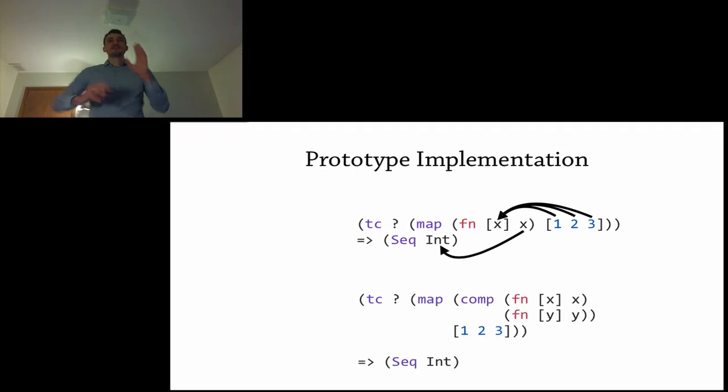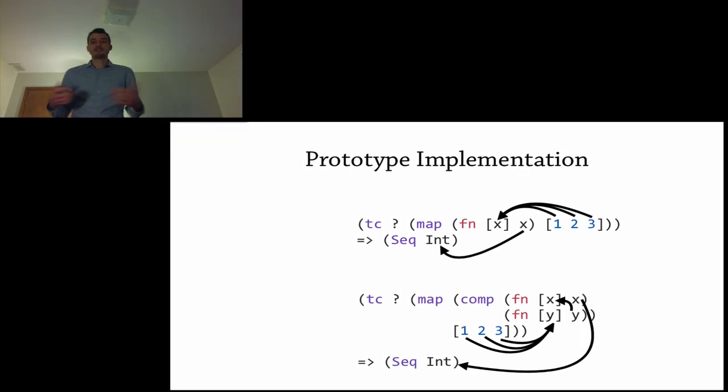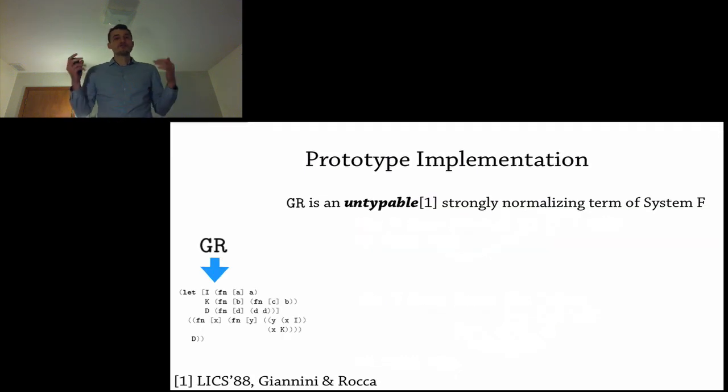And we can stack on this idea: we can combine various symbolic closures together using more polymorphic functions. So like we could map over the composition of these two symbolic closures, and from the types we can deduce that the collection flows to the y, and the y flows to the x, and then x flows to int, all using symbolic execution.